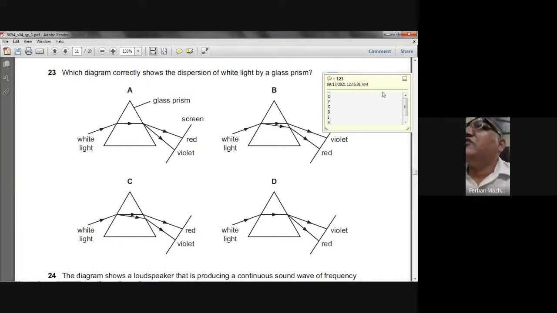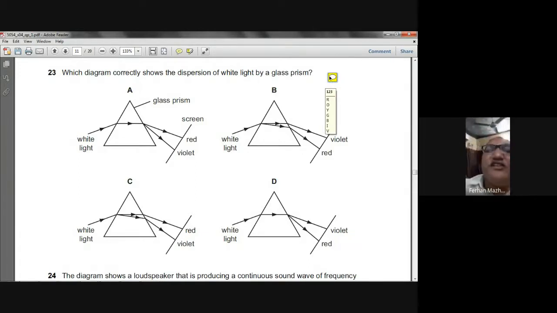This is the word we use. ROY G BIV means red, orange, yellow, green, blue, indigo, violet. Normally people read it VIBGYOR, but the right order will be red, orange, yellow, green, blue, indigo, violet.